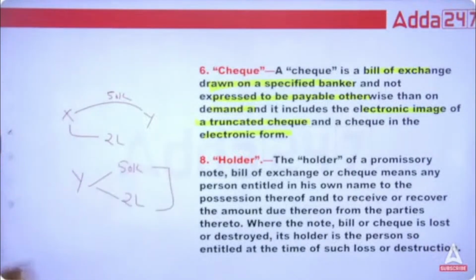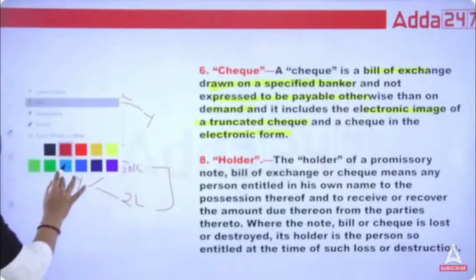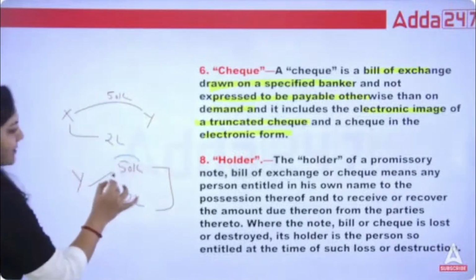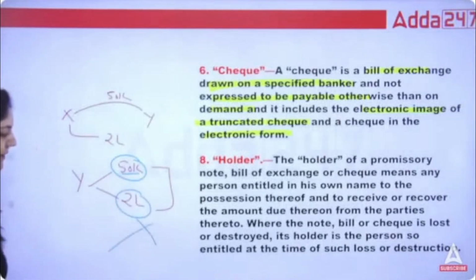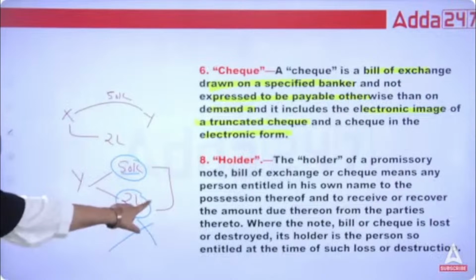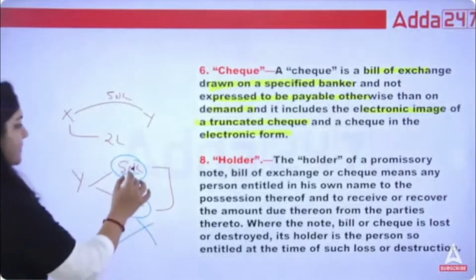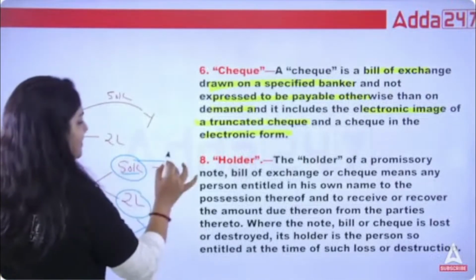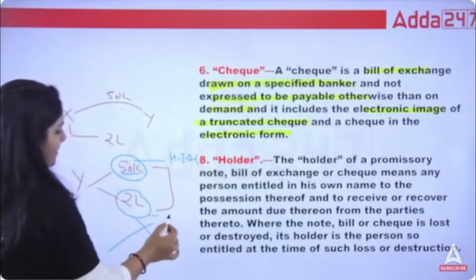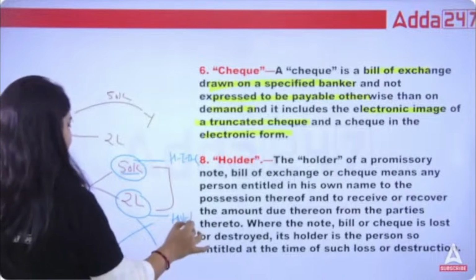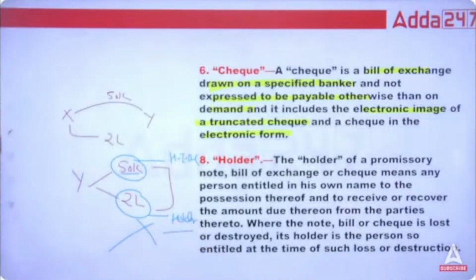When both checks bounce, Y has a right to file the case on the 50,000 check, but does not have a right to file the case on the 2 lakh check. So in the 50,000, Y is known as holder in due course, and in the 2 lakh, Y is known as holder. This is the basic difference between holder in due course and holder.